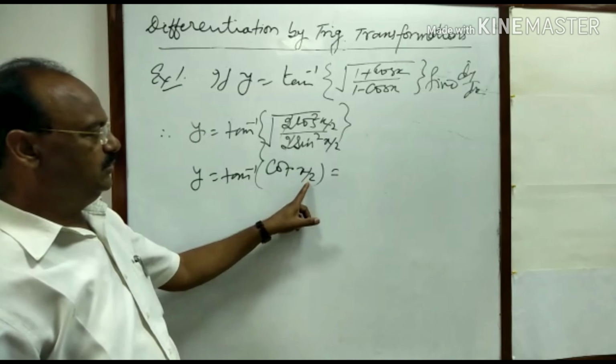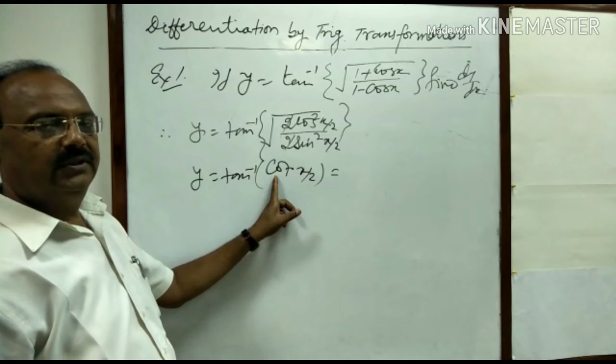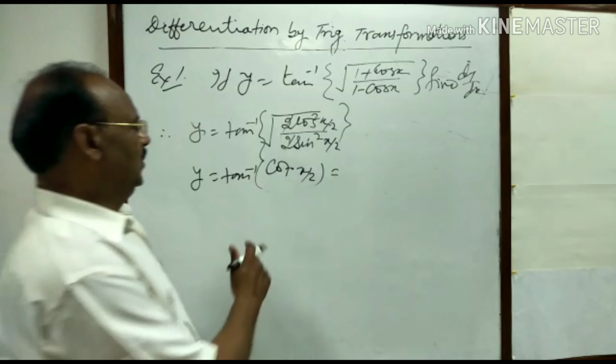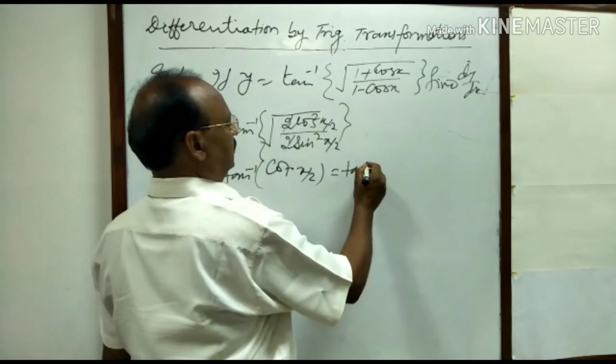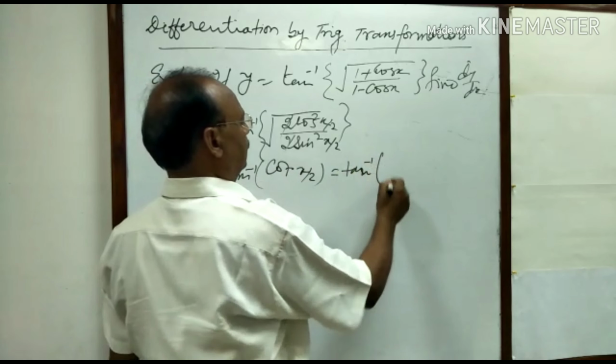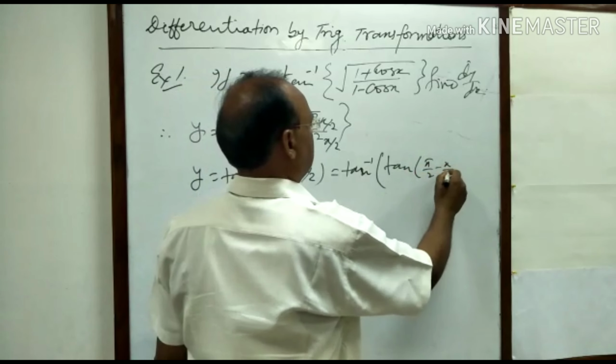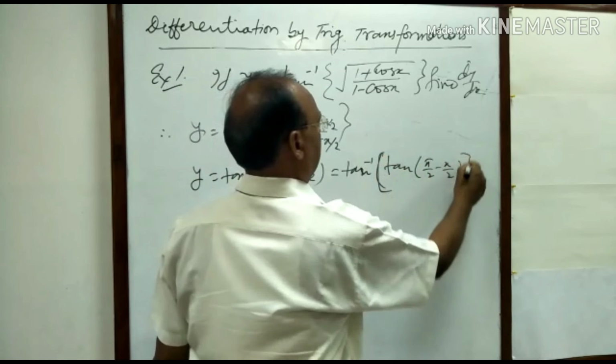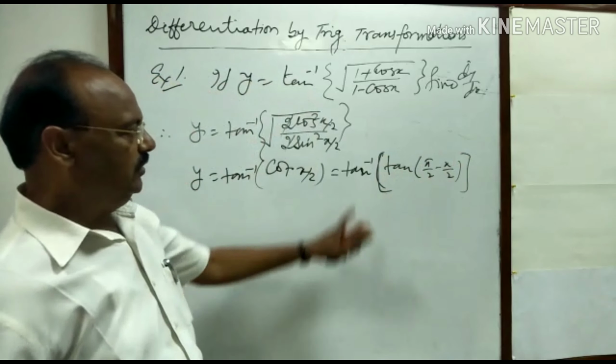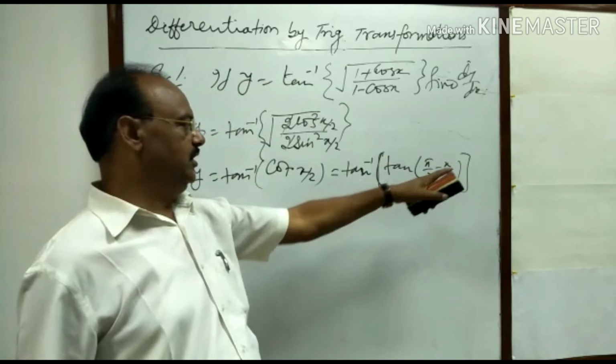So this cot x by 2 can be written as tan of pi by 2 minus x by 2. So this is equal to tan inverse of tan of pi by 2 minus x by 2. And you know tan inverse of tan theta is equal to theta.